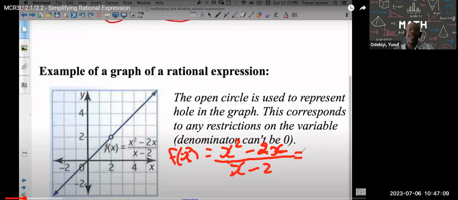So say we simplify it. That means we'll factor out the x up top. If I factor out the x, I'm going to have x on the outside and x minus 2 on the inside, divided by x minus 2.